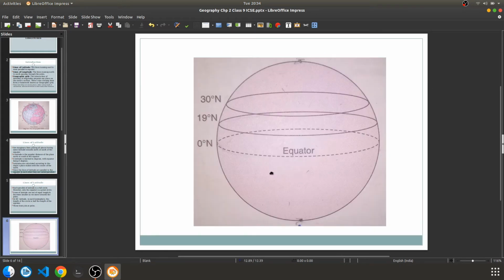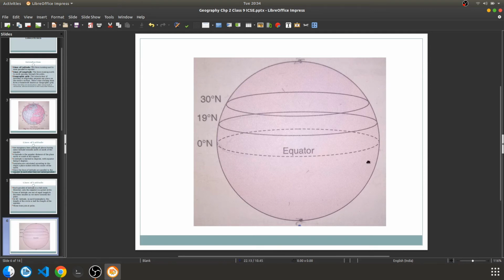See here, this equator is marked as 0 degrees, and this is the biggest circle, or the greatest circle, of all the latitudes. Whatever number of latitudes you draw on the grid, you will find that the equator will be the biggest circle, as it is at the center.